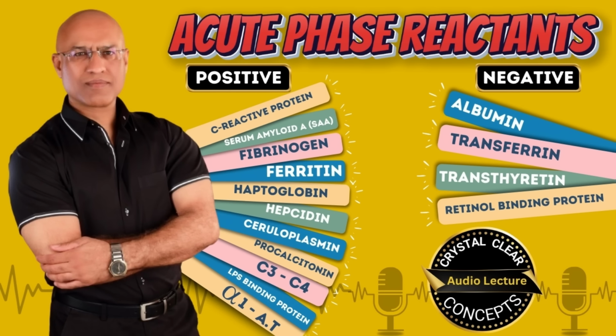You know why? The liver is producing less transferrin because the function of transferrin is to transfer iron in blood. For example, iron absorbed from the GIT will be transferred on the taxi of transferrin. Transferrin is the taxi for iron in the blood.